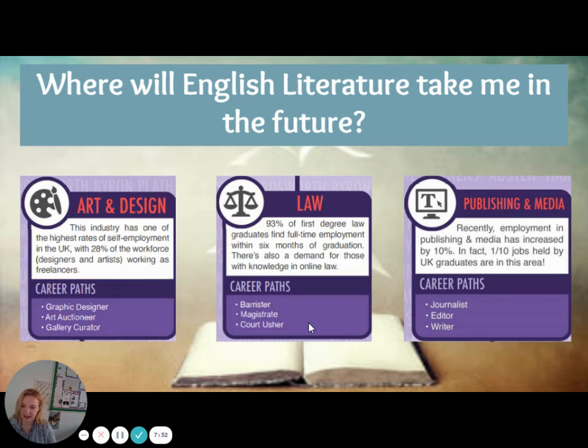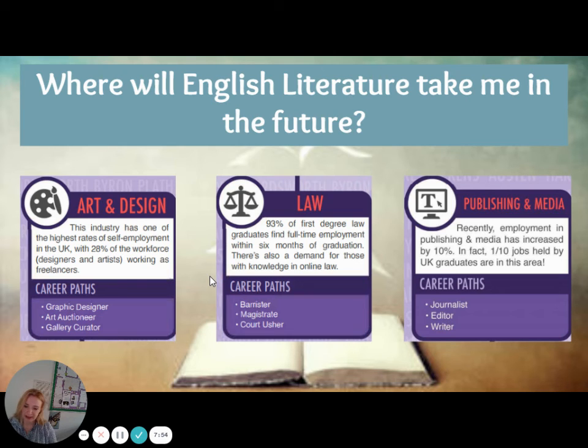English literature has really good links with a number of different career paths, and English literature can be used as a substitute for English language grades for some courses at A level and degree level. Employers will generally ask for a specific English grade and may not specify whether it needs to be language or literature.